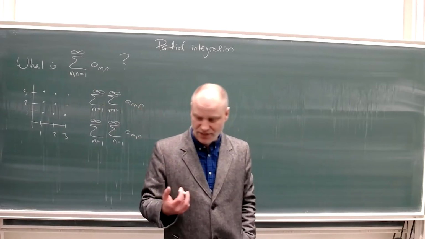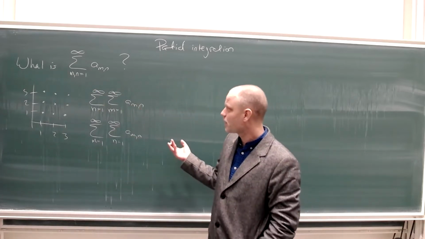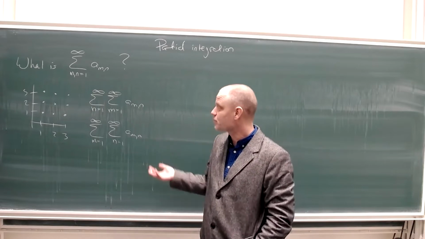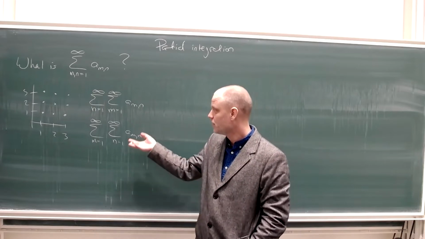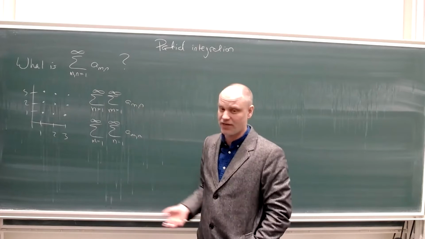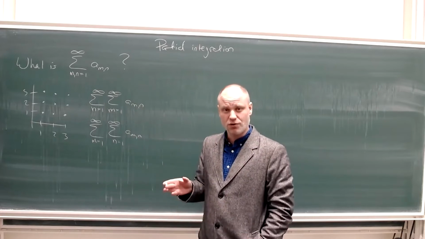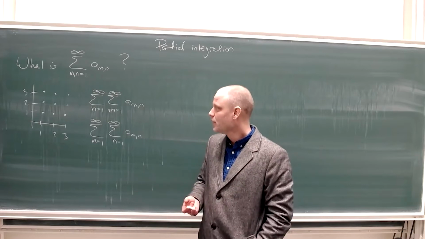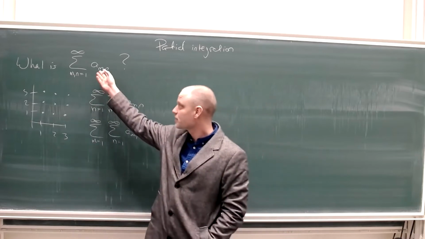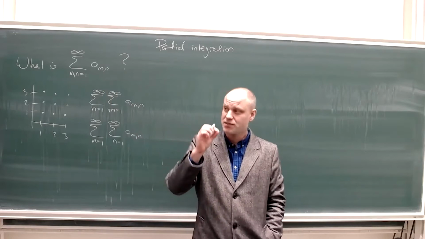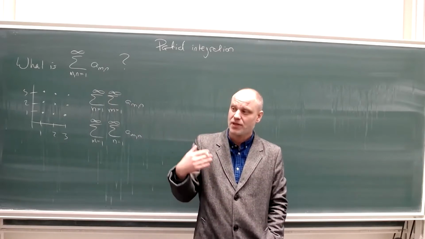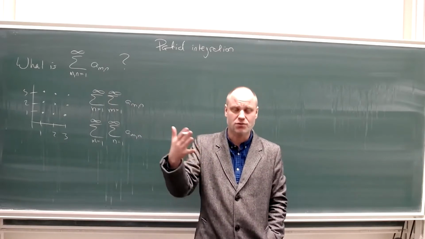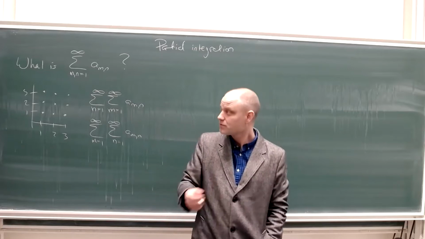So with the tools of analysis 1, you would be kind of lost here. You could maybe come up with some theory that under some conditions this one is equal to that one, and we define it like this one. The beauty of integration theory, the way we learned it now in the abstract framework, is that we can interpret this as an integral, and its meaning we don't need to define, it's already defined, right?